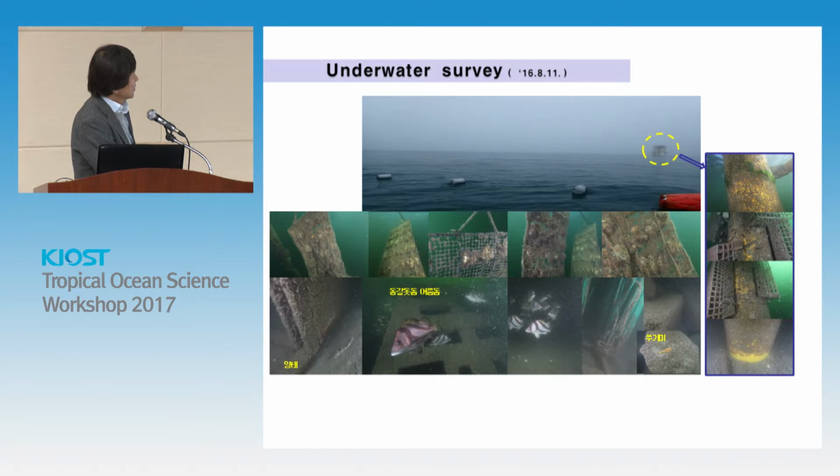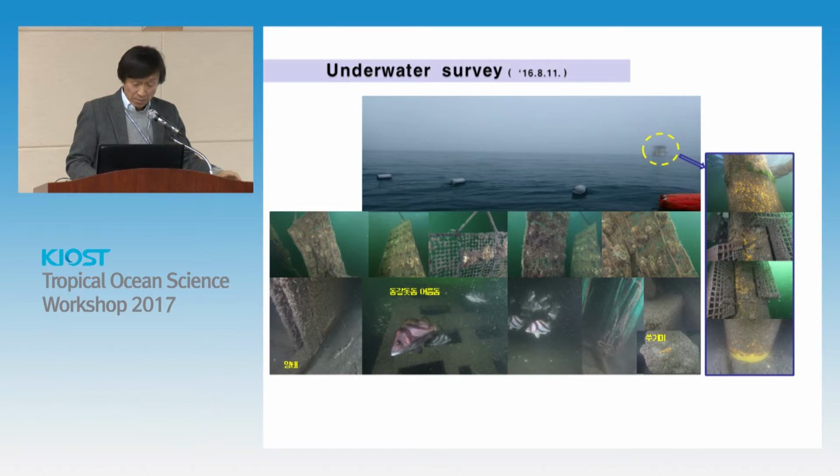This is last year's summer, this one platform here. We started aquaculture in the surface layers, oysters and some scallops like this. And then we placed underwater facilities like a marine ranching program, using artificial reefs like this.